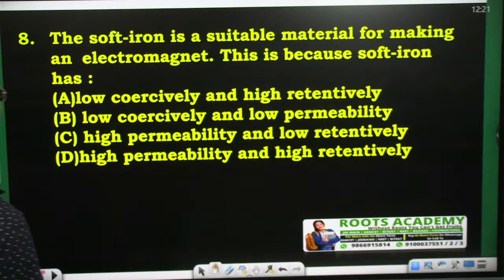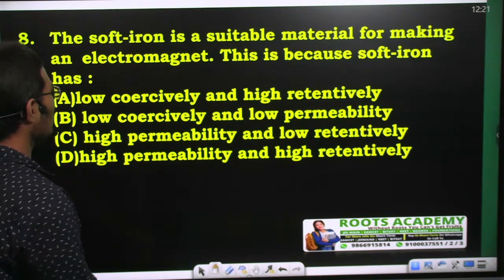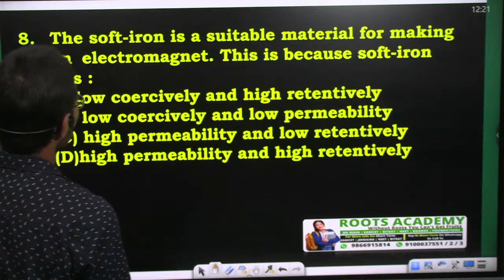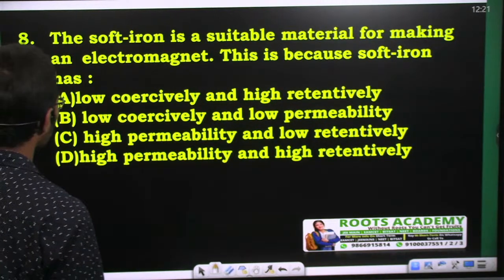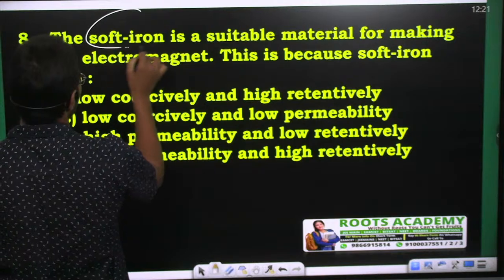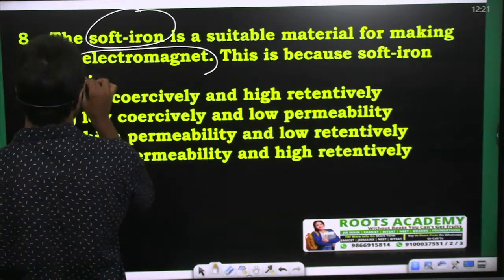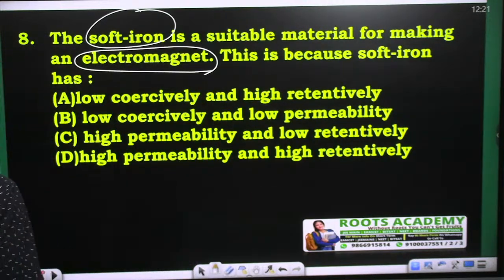Now let's look at the next question. This is again a theory question. The question says that soft iron is a suitable material for making an electromagnet. This is because soft iron has dash. You need to be aware of the properties of soft iron and electromagnet. So what are the properties of soft iron?